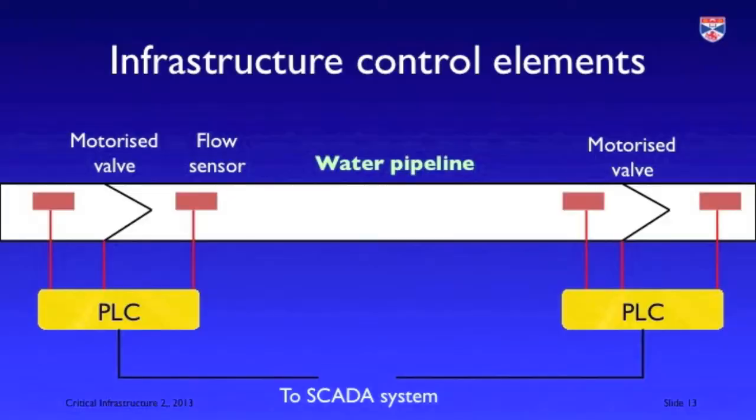We have one before and after each valve because then we can tell if a valve is operational. With both valves, if the sensors are reporting different values, this suggests that there could be a breach in the pipeline so that liquid is leaking. So it's possible for the PLCs to close each of the valves and so isolate that section of the pipeline.